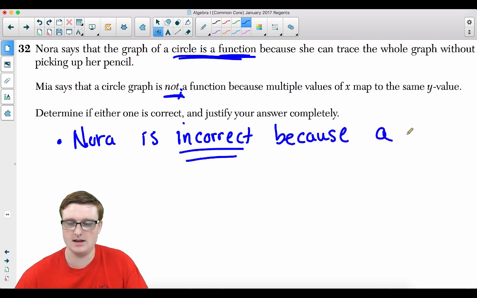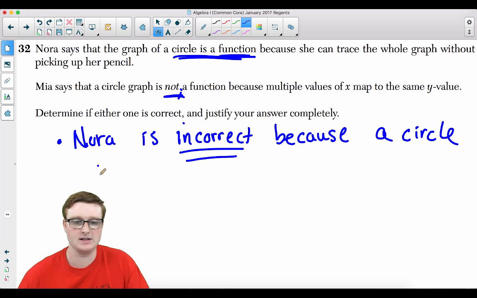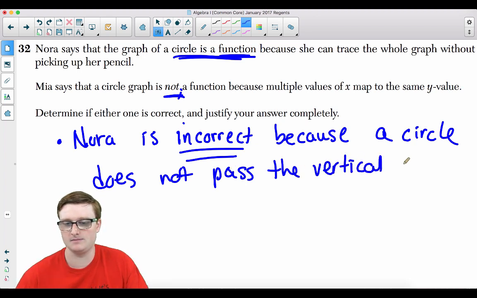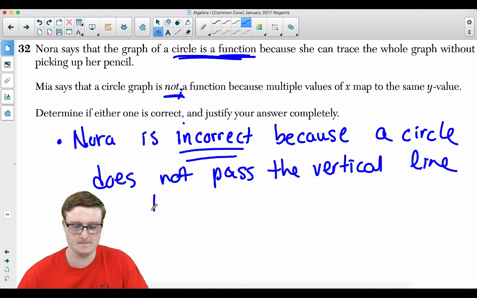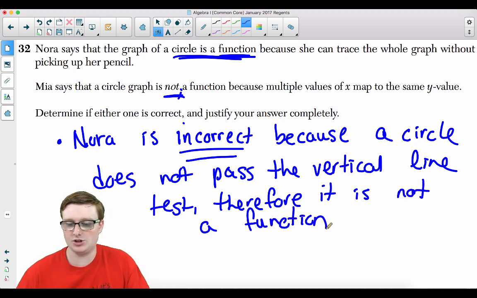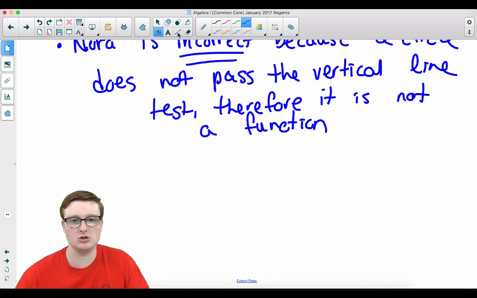because a circle does not pass the vertical line test. Therefore, it is not a function. Now, I'm going to show you just a quick sketch of a circle.